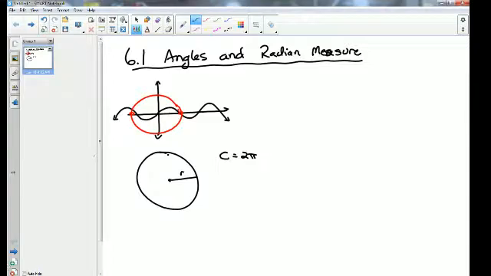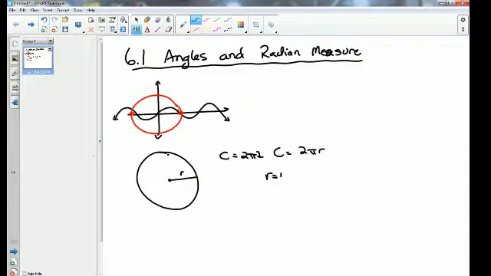What's the circumference formula? It's 2 pi r. So what does the radius have to be here? The 2 pi's would cancel out, so we'd have a 1. So the r is 1.